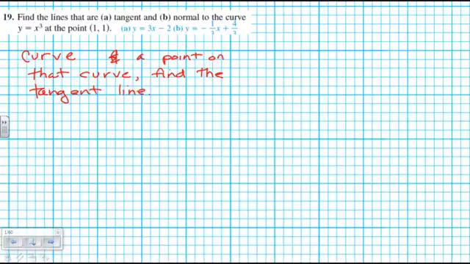Okay, and then let's say A, the tangent line, and B, the normal.